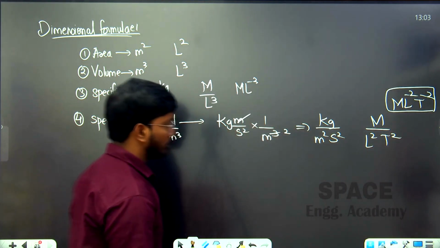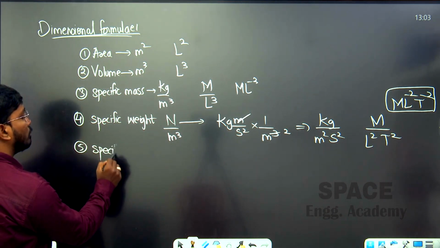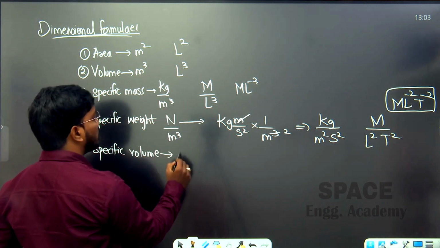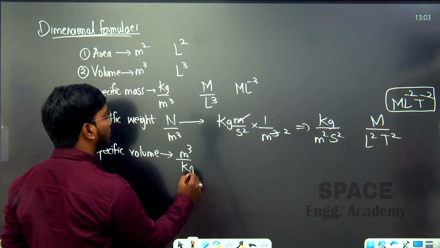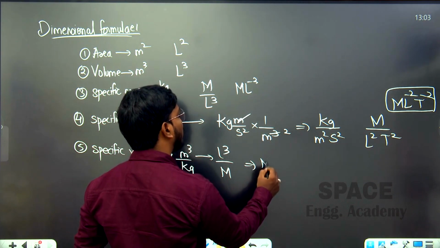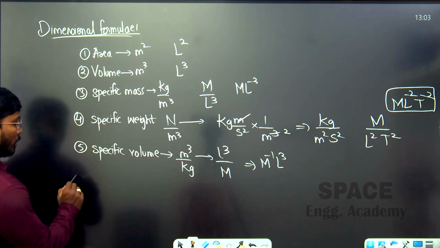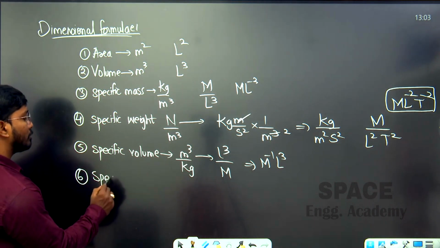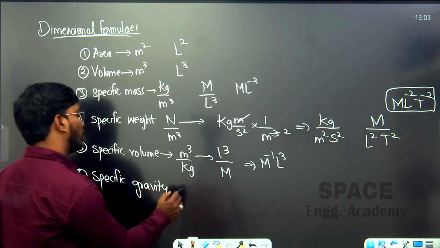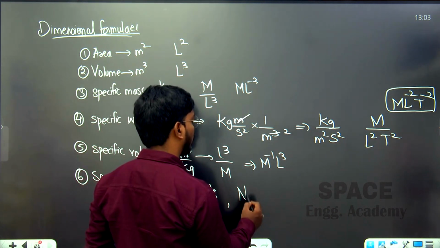Similarly, the fifth one is specific volume. Specific volume is the reciprocal of specific mass, meter cube per kg, that is L cube by M, that is M to the power of minus 1 L cube. Then we have specific gravity. Specific gravity has no units and no dimensional formula.